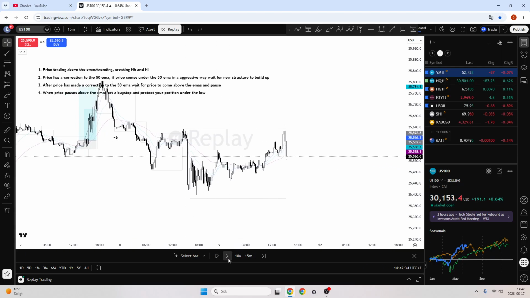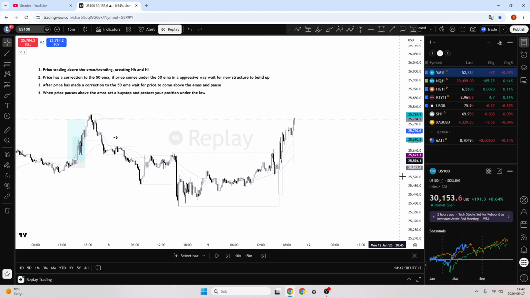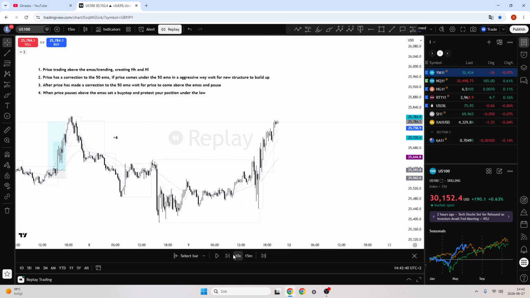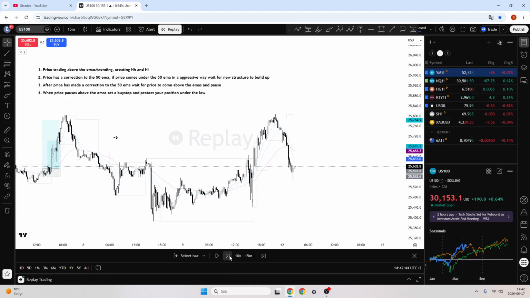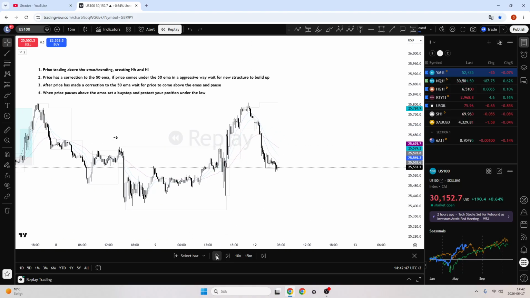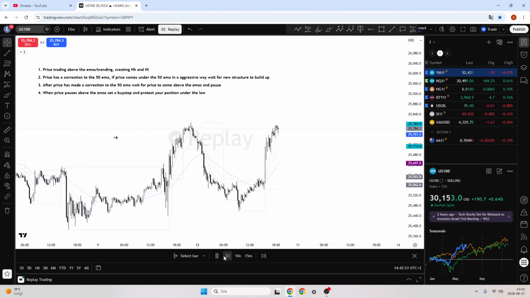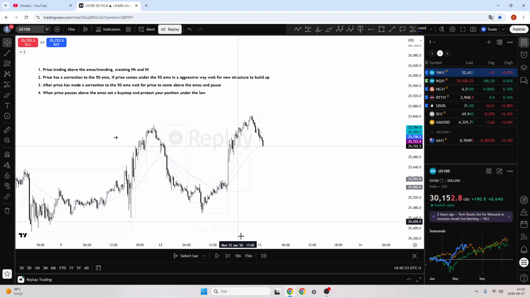We're waiting for new structure. So new structure is in this market. So all we're waiting for right now is a flush to the 50 MA. Sells below that, so nothing for us to do. New structure is in this market.